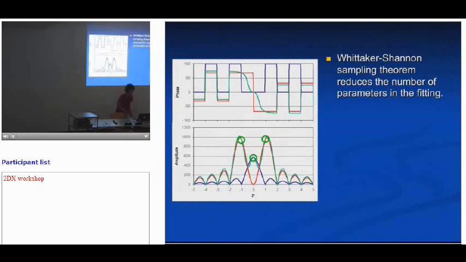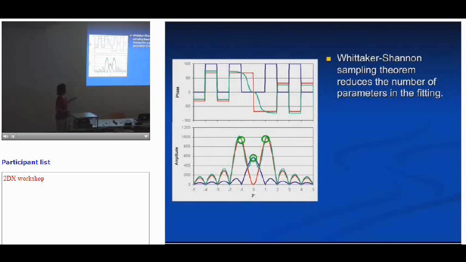So what this means is that if you want to describe a curve, if you don't know its form, then you actually have to know every single point. So if I want to fit that curve, then I have to use a large number of parameters to fit that.